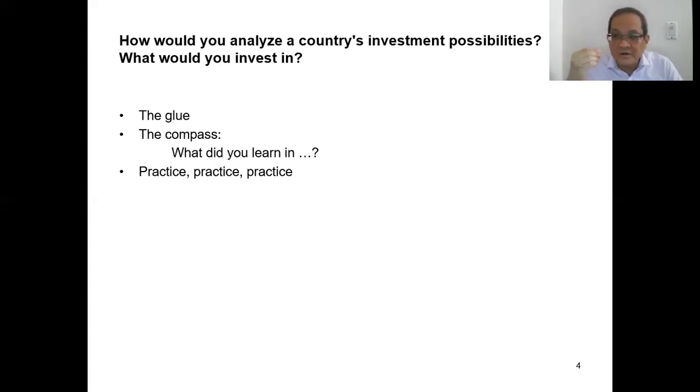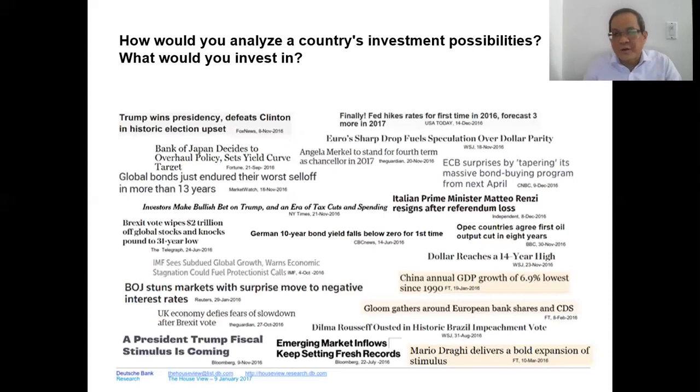And very important, classes are meant to provoke thinking and active learning, and you need to practice, practice, and practice. A good way to practice is to keep reading the financial newspaper, and if possible, take active notes and write down.